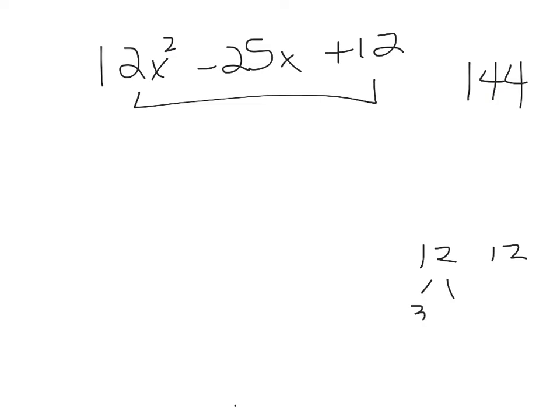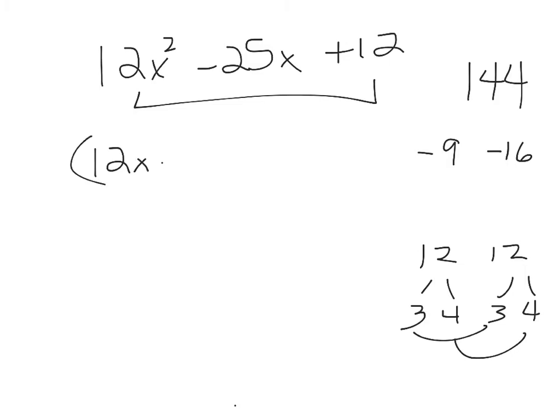Now, you can either do like 3 and 4 or 2 and 6 to see which one we can come up with here. So if I do these two, I get 9 and 16. 9 and 16 are going to work. So negative 9, negative 16. So again, write 12x minus 9, 12x minus 16. So we're writing this with one of each of these.